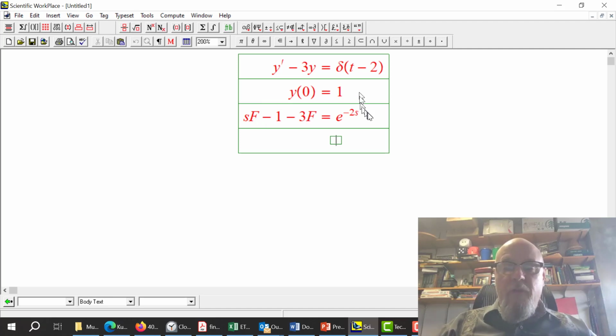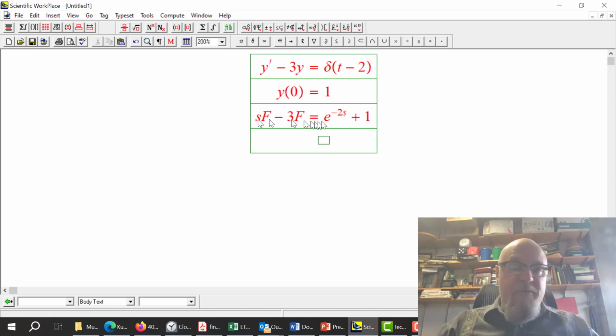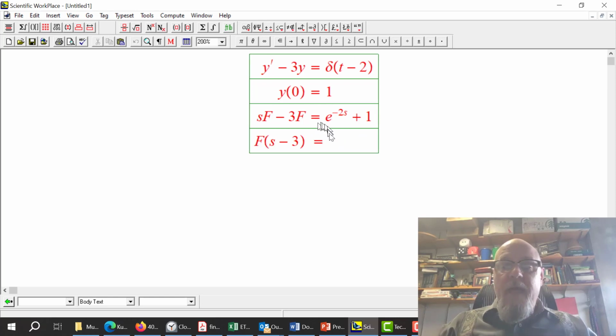This minus 1 is going to go over to the other side, so it's a plus 1. And then everything left on the left-hand side has an F on it, so we can factor out that F times s minus 3 equals, and now I'm going to write it as 1 plus this e to the minus 2s, and then I'm going to divide out the s minus 3 bracket.